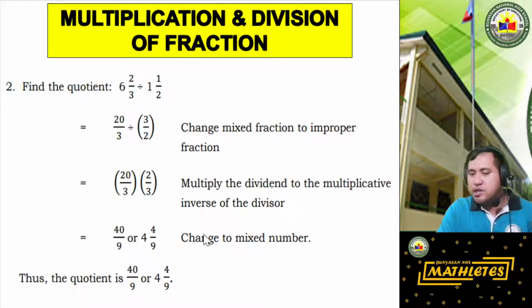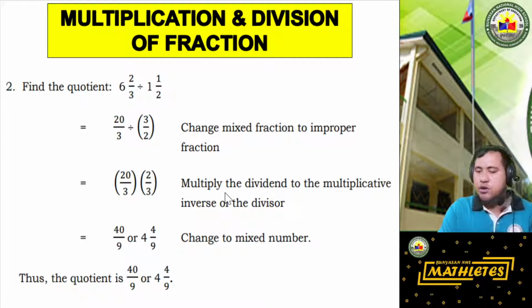So we can change it to a mixed number. As I've shown you a while ago, you are going to divide 40 by 9. The result is 4 and 4/9. That's the remainder, 4, right? So the quotient is 40/9 or 4 and 4/9.